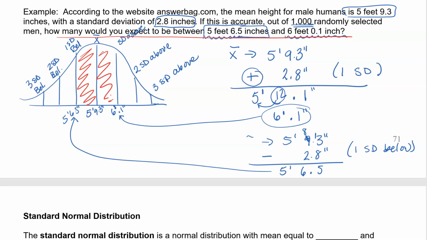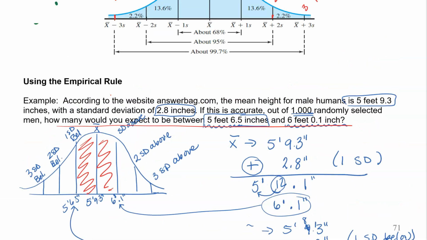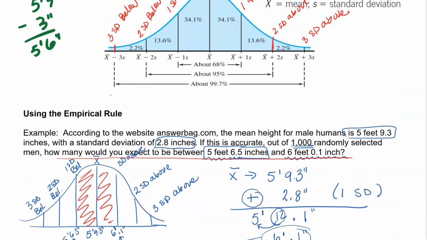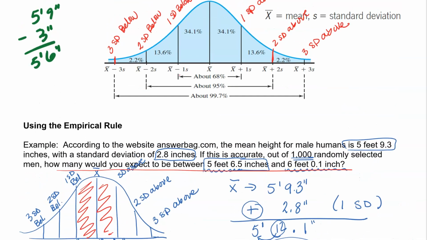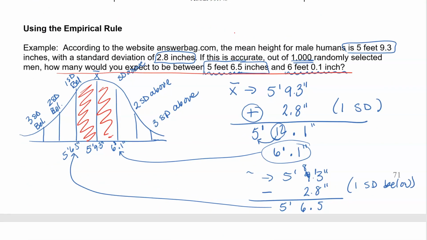And if we scroll above here, the empirical rule says that about 68% of values lie between 1 standard deviation below and 1 standard deviation above. And you could also do it by adding 34.1 and 34.1, you get about 68. Okay, so the answer here is going to be about 68%.